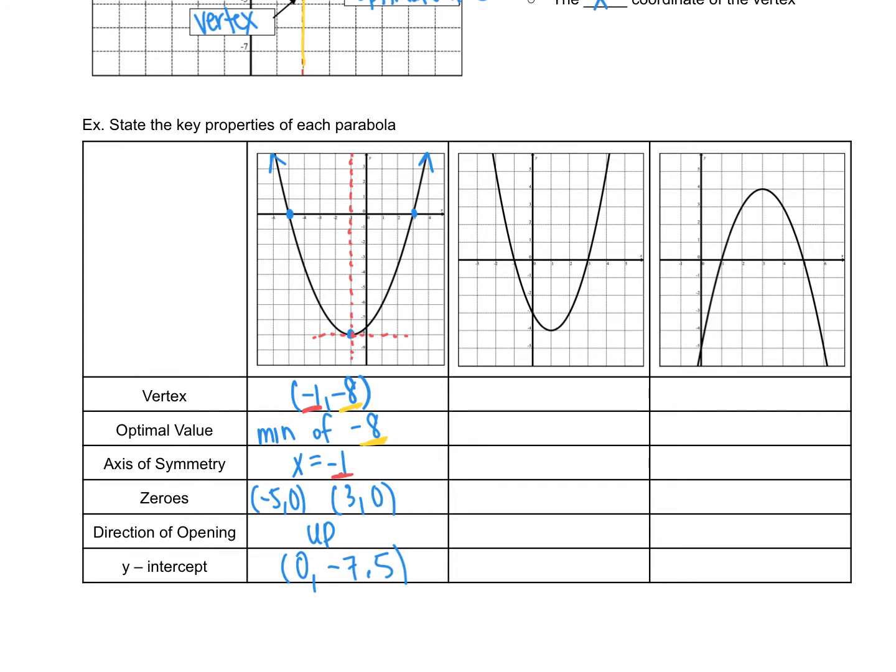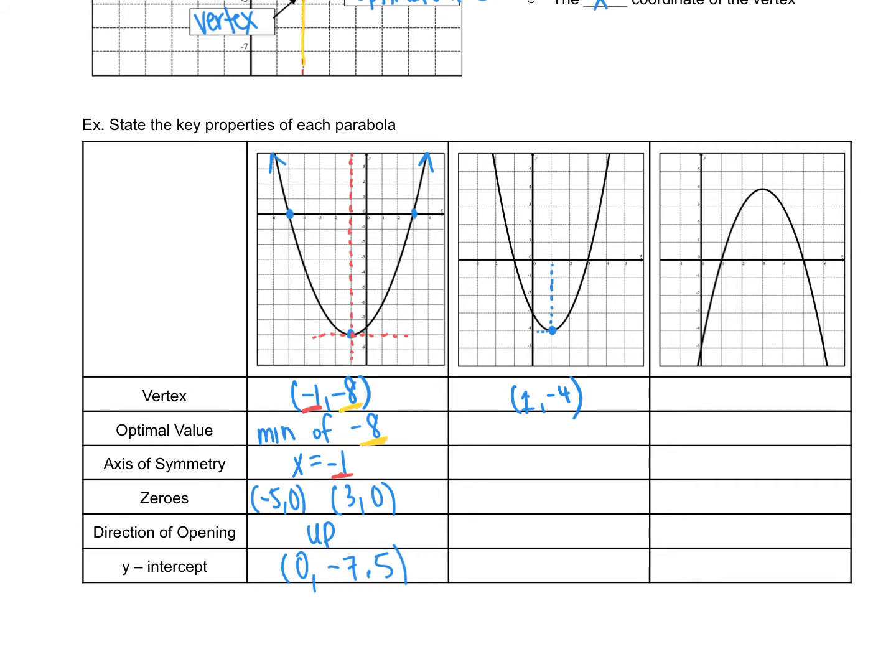All right, let's try the next one. So here our parabola opens up again, and let's start with the vertex. So here's the tip of the vertex. The coordinate is +1 for the x and -4 for the y, so 1, -4.